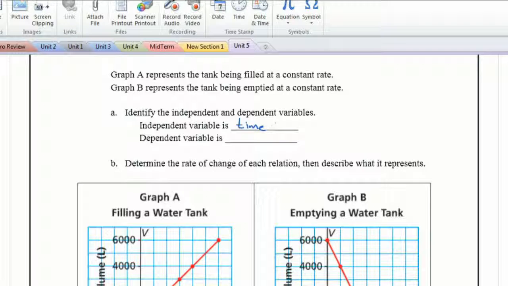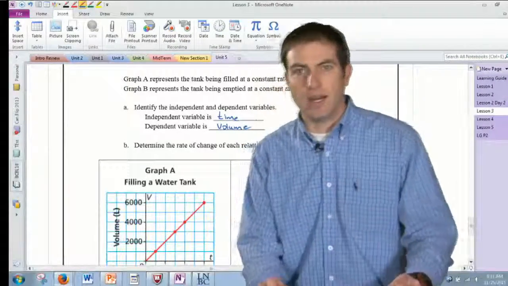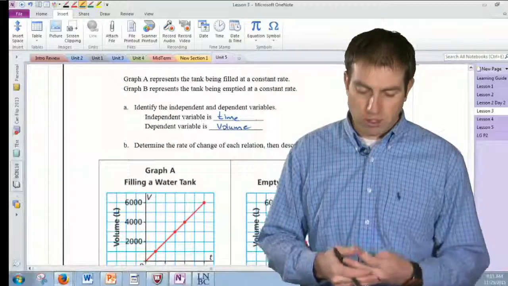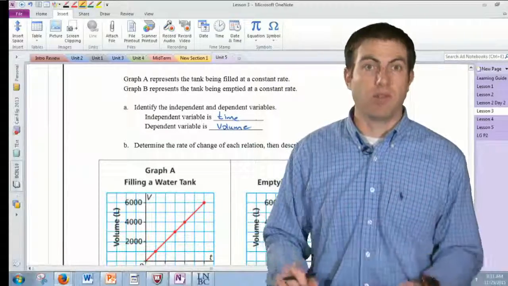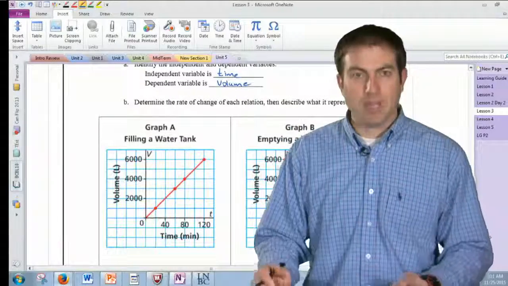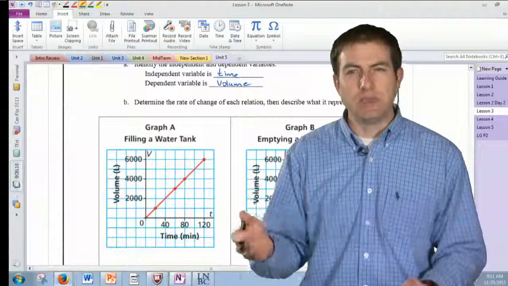And the dependent variable is the volume. The dependent variable depends on what time you're asking about. If you're asking about 10 minutes, 20 minutes, then I can tell you what the volume is. So it's dependent on that.